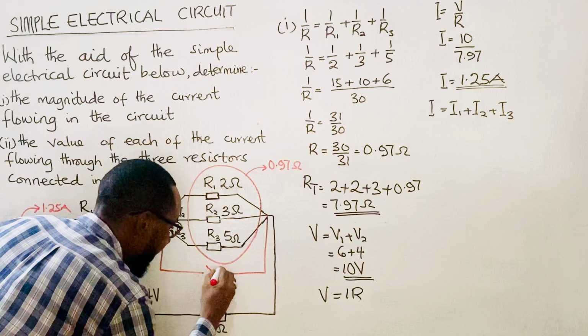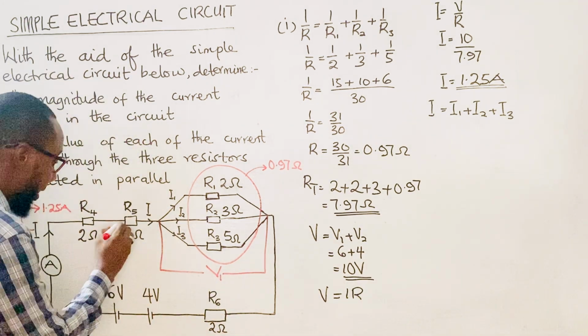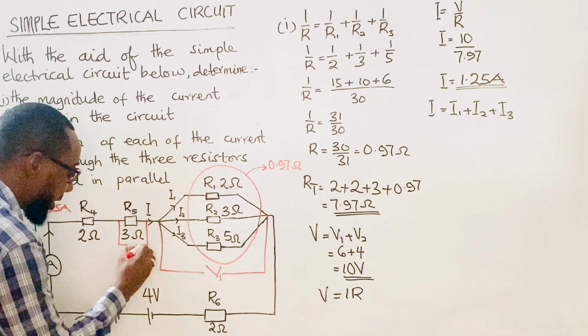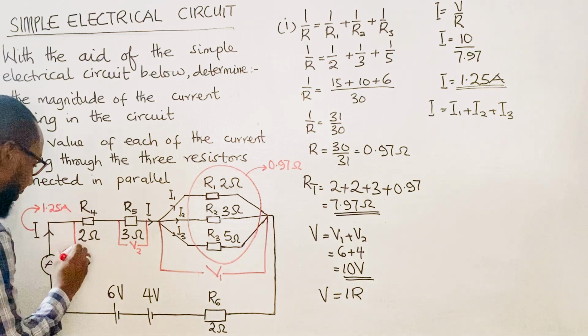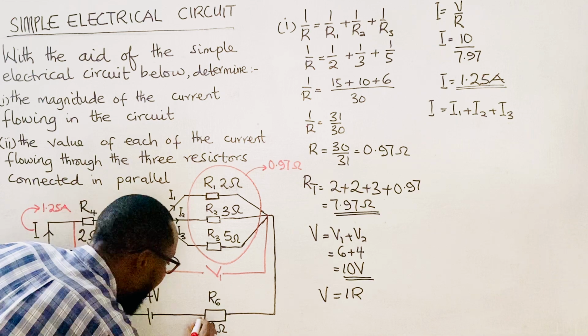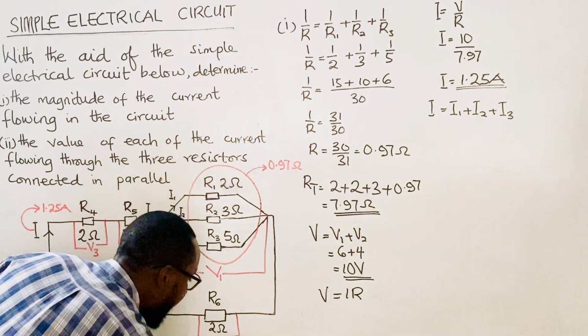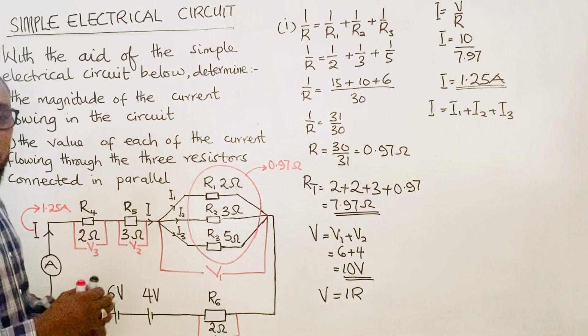So we are going to have a situation like this. Let's call it V1. Now this one is also going to have a potential difference across its ends. Let's call it V2. This is also going to have a potential difference, let's call it V3. And let's call that one V4. All right. So this is the situation that we have.